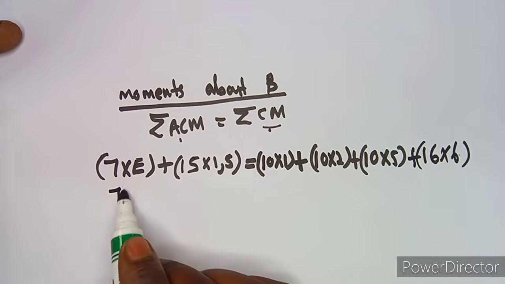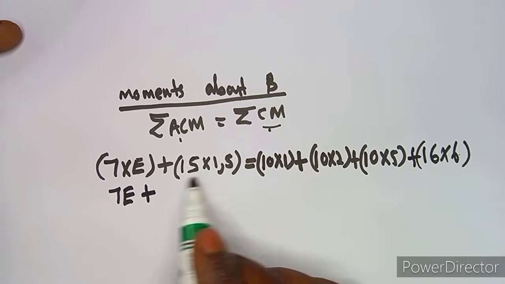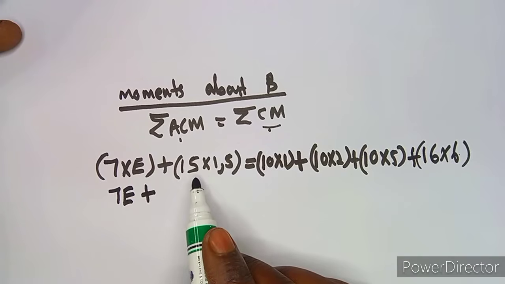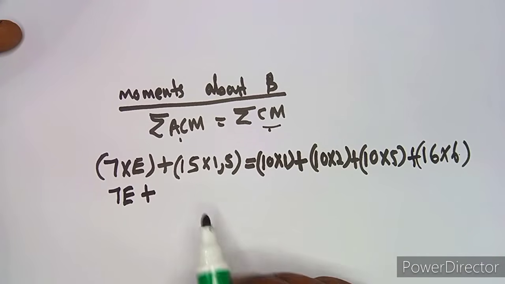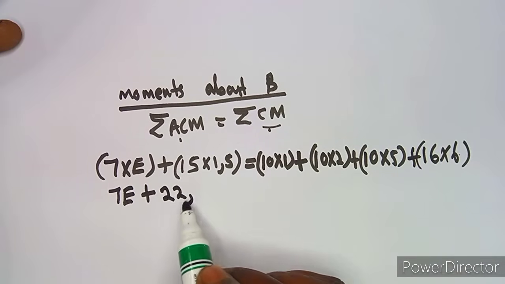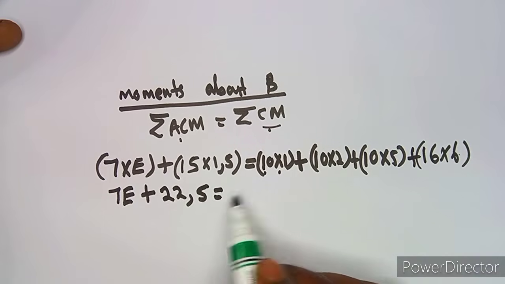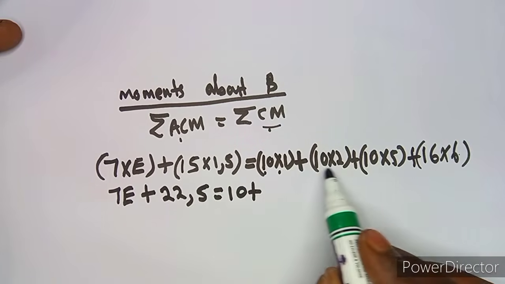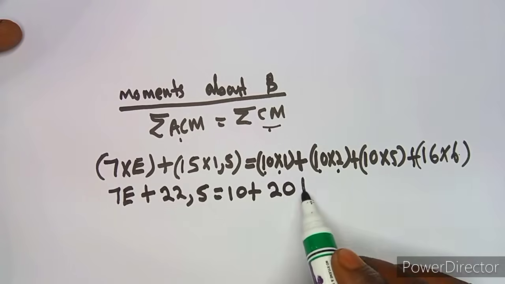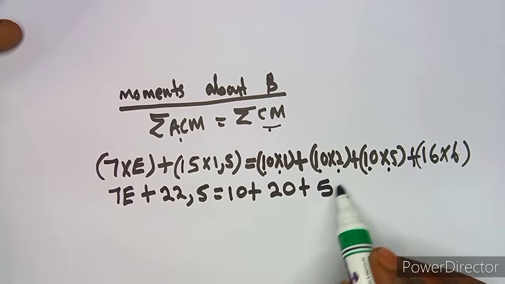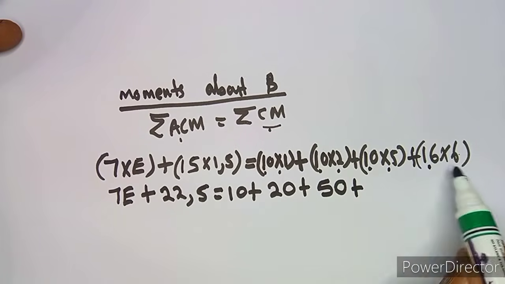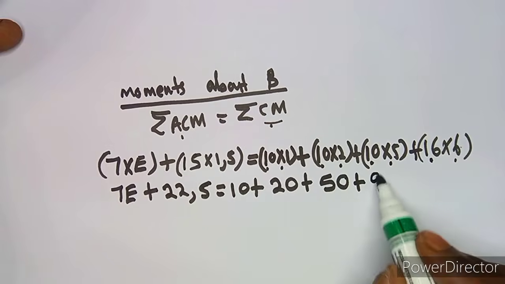Let's combine 7 times E, that's 7E, plus you multiply these 2, you're going to obtain 22,5. Okay, so 22,5, which is equal to 10 times 1, which is 10, plus 10 times 2, you obtain 20, plus 10 times 5, you obtain 50, plus 16 by 6, you obtain 96.